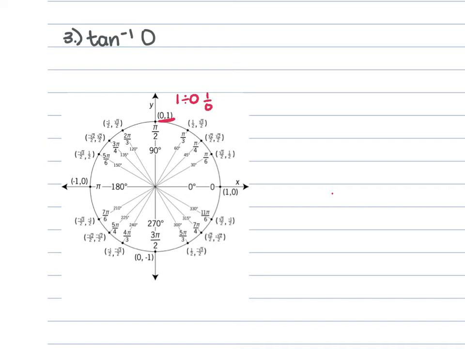No. So you're going to have to do it to where it's 0 over 1, which is 0. So this one is it. So 0 plus 2 pi. And then you also have the negative 1 and 0. So it's pi plus 2 pi. Now we can simplify these to be 2 pi and 3 pi for our answers.